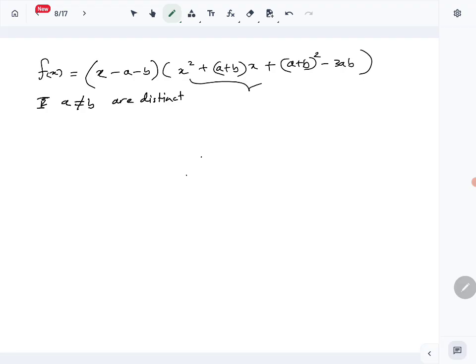So let's find the discriminant of the quadratic part. So that is going to be what? (a + b)² − 4 times 1 times C, where C is (a + b)² − 3ab, right?